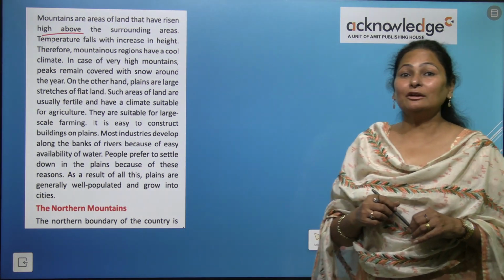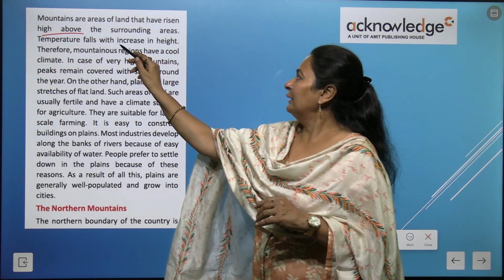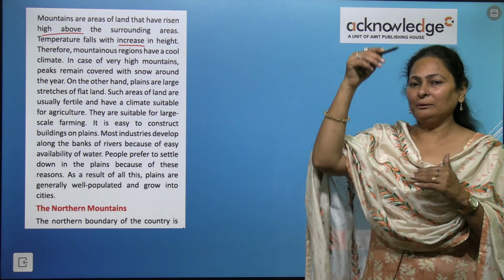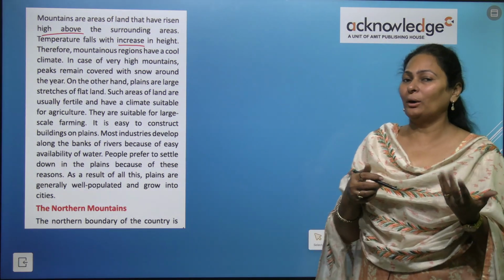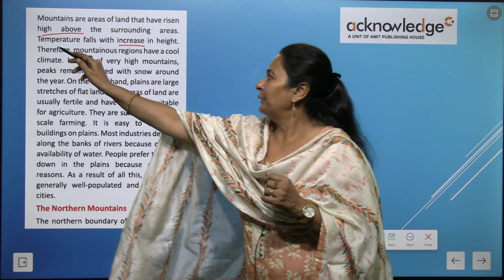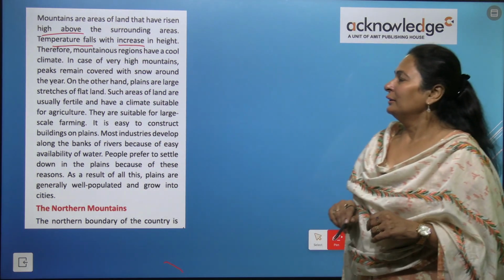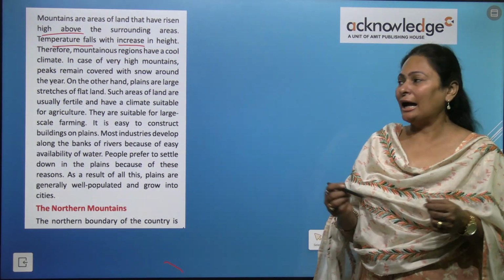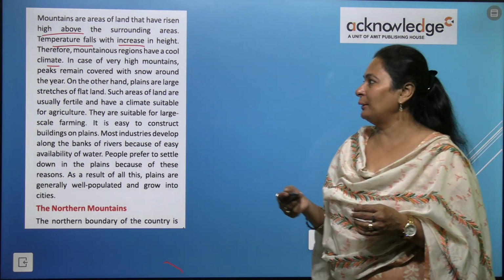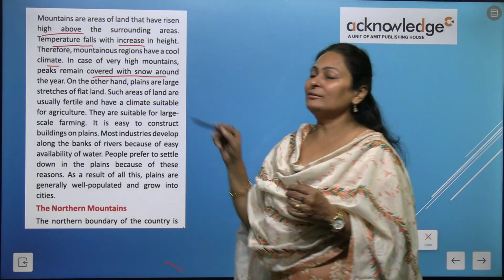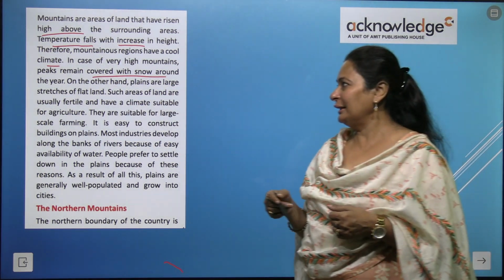The temperature falls with increased height, when we move in an upward direction. Therefore, mountain regions have a cool climate. In the case of very high mountain peaks, they are covered with snow throughout the year.